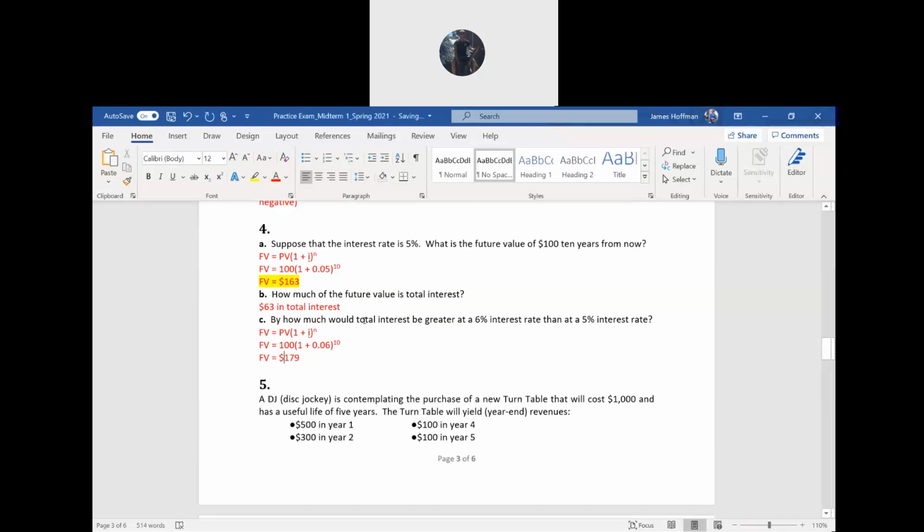Okay, and how much would total interest be greater at 6% than at 5%? So that's just the difference between the $79 in interest here and 63 here. So the difference would be 79 minus 63.